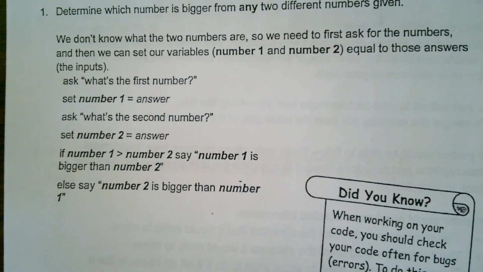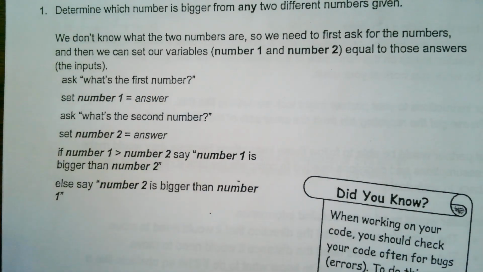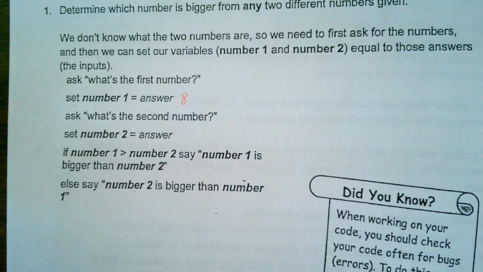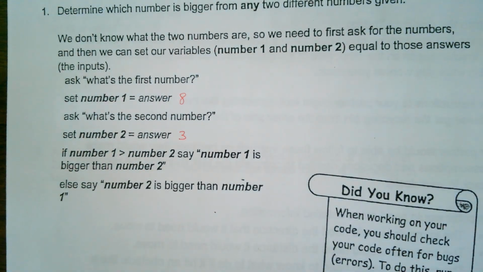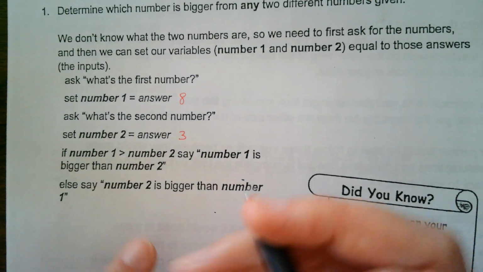So for example, let's say the computer asks you, what is the first number? Jasmine, give me any random number. 8. Okay. And then Jennifer, give me a second number. 3. So when I press enter, what is it going to say? What is going to be displayed? Yep. Number 1 is greater than number 2.